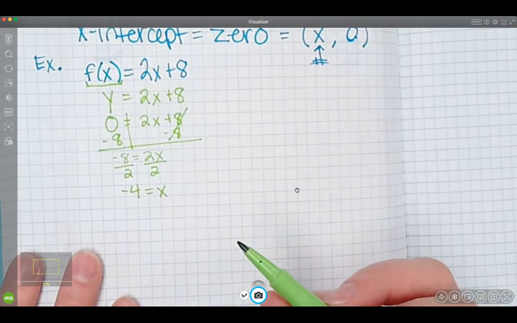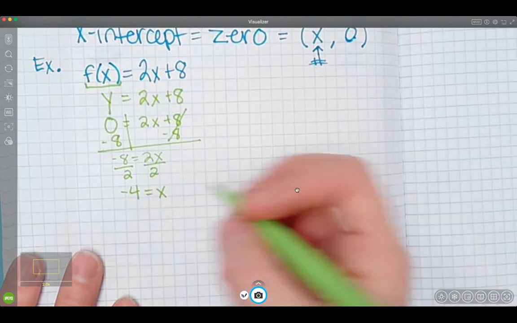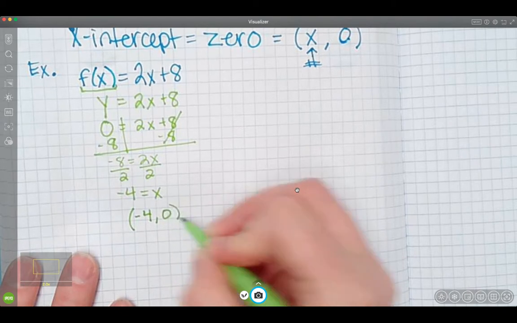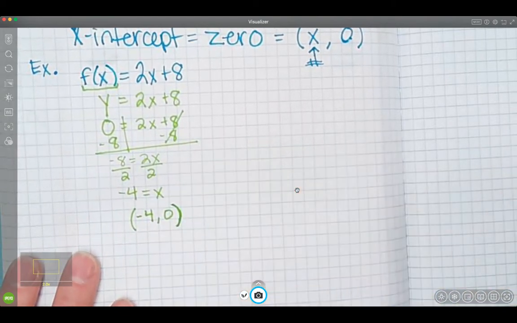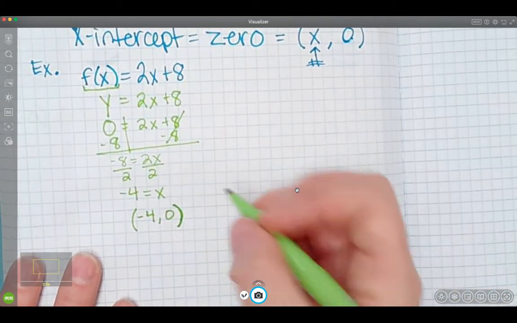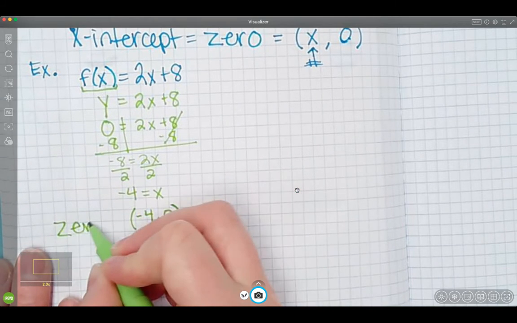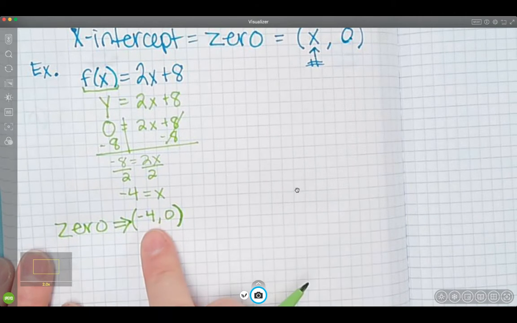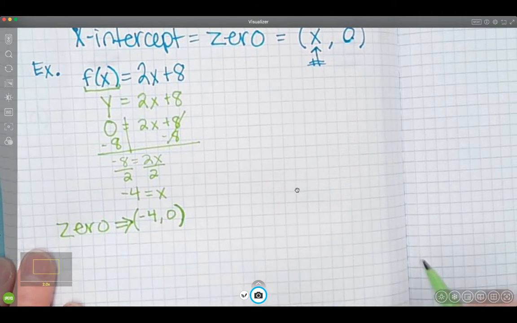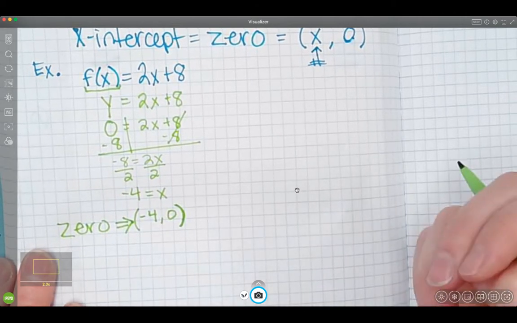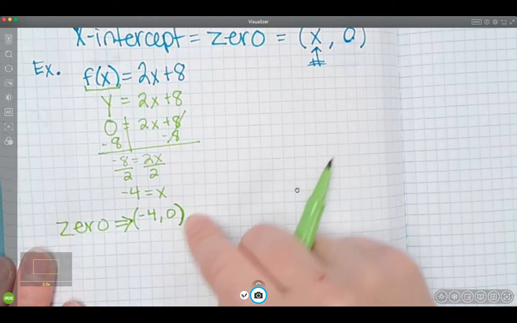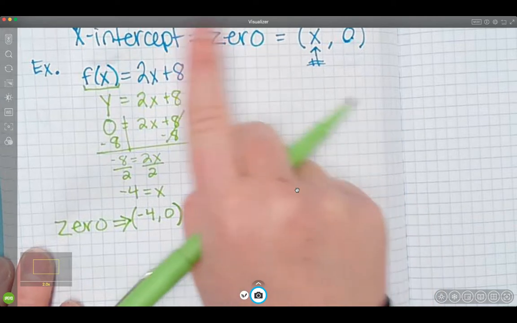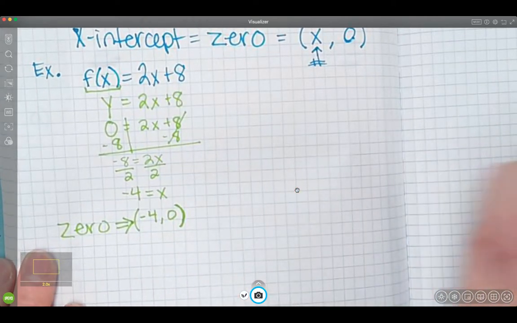So this is not only the x-intercept, but it's also the zero. So we can write it as the point -4, 0. So it's where it crosses the x-axis. So this is called the zero. The -4 is the zero. It's where it crosses the x-axis. Remember how I said zero is just another word for x-intercept, or a fancy word for x-intercept? That's what the zero is.